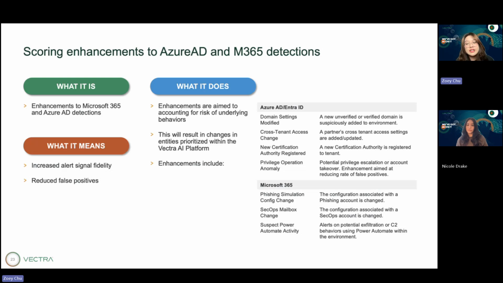You can see a list of the affected AzureAD and M365 detections, and this will also be noted in our release notes if you want further details. Essentially, these enhancements increase the alert signal fidelity and reduce false positives to build a better and clearer signal within the Vectra AI platform.